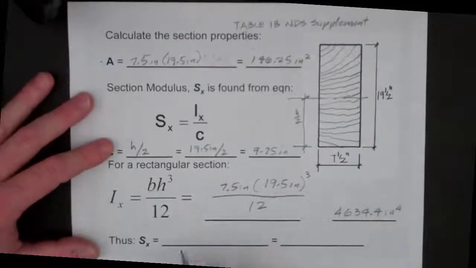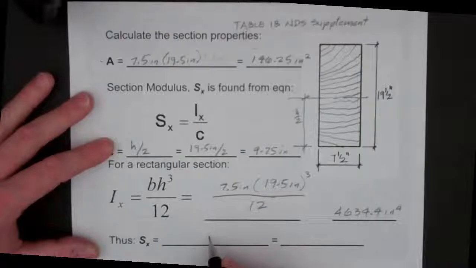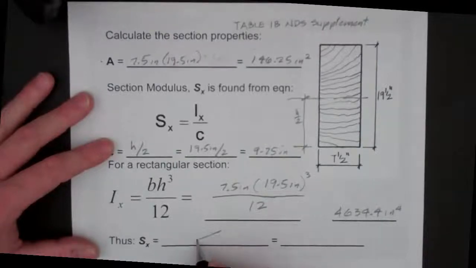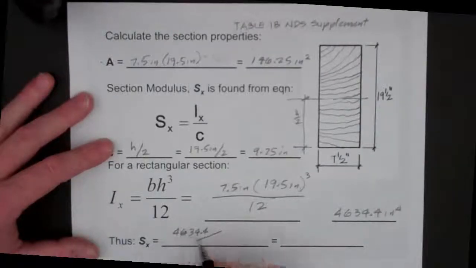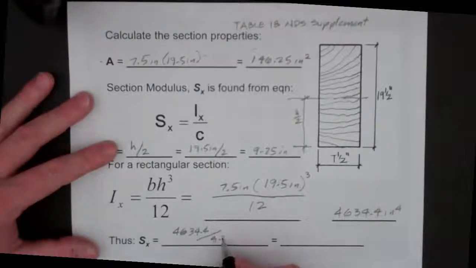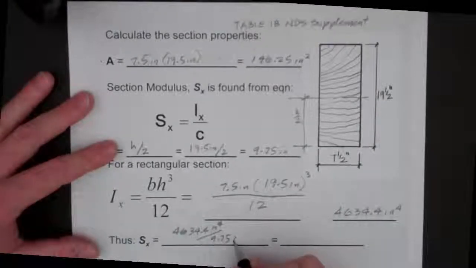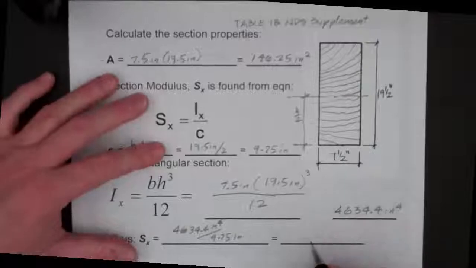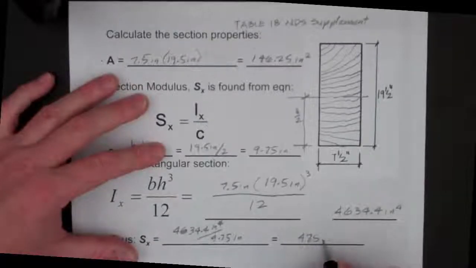Finally, our section modulus is our moment of inertia divided by the C that we found: 4,634.4 inches to the fourth divided by 9.75 inches, giving a section modulus equal to 475.3 inches cubed.